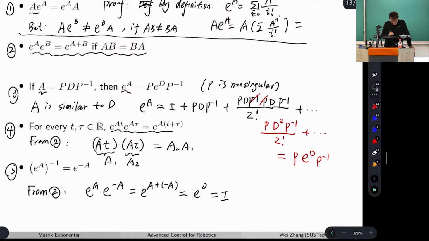So that's why, e to the A taken inverse, you can move that negative 1 to here. All these symbols look straightforward sometimes, but you have to be able to prove them from the basic definition. So all of these two are based upon 2.